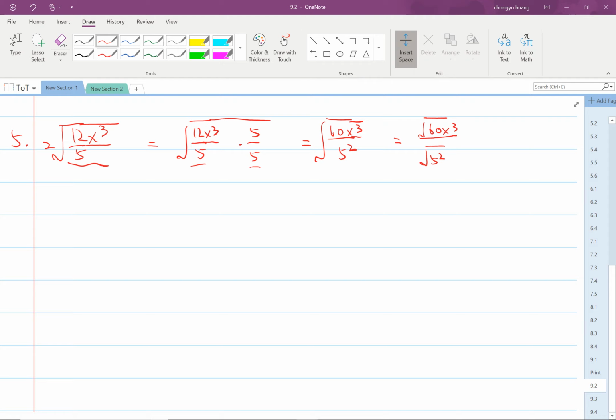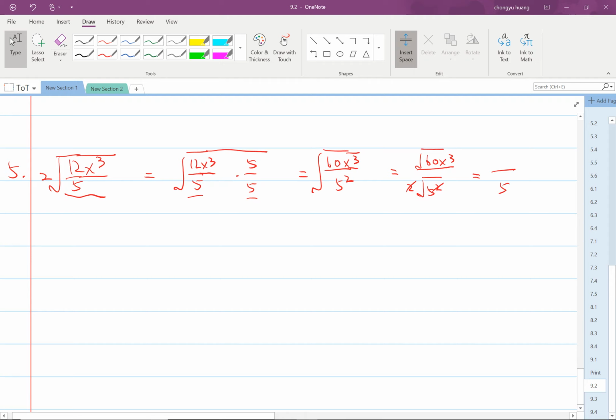So the 2 and the square root get cancelled, and all we have left is 5. Let me write this part a little below, because I don't have enough space. For the numerator, what we have is the square root of 60x to the power 3.